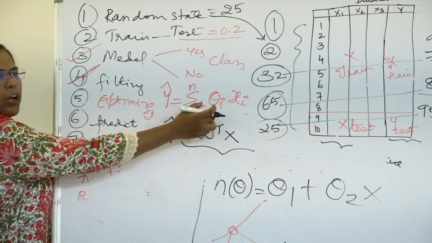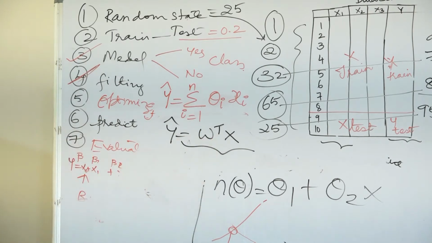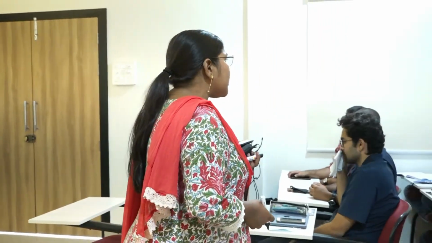In the theta i place, can I write W transpose? I'll try to write W transpose X. When I talk about an image, I always talk about W transpose X. When I talk about numbers or data, I talk about theta i into x i.